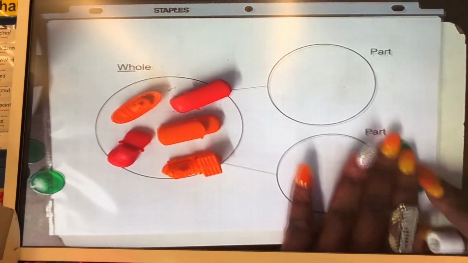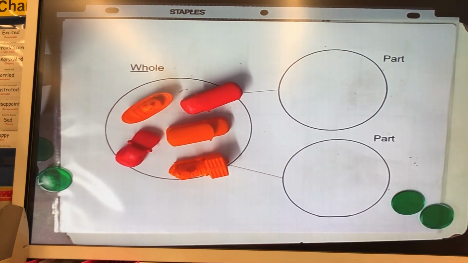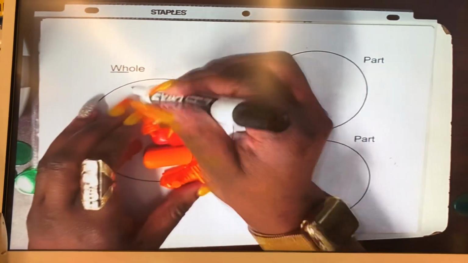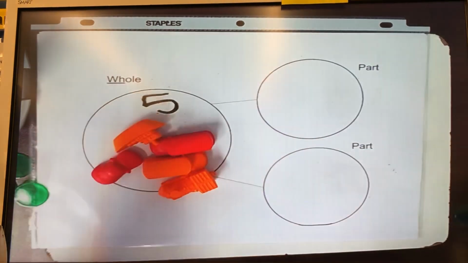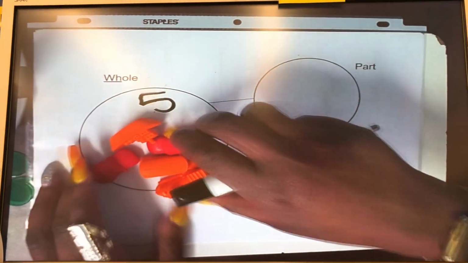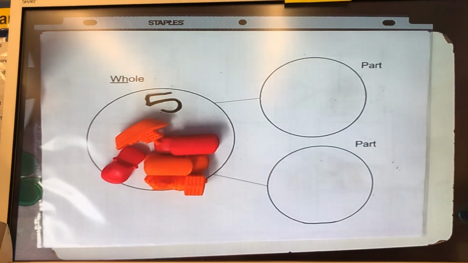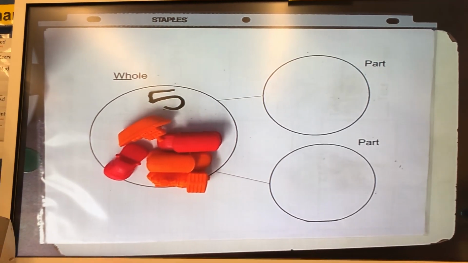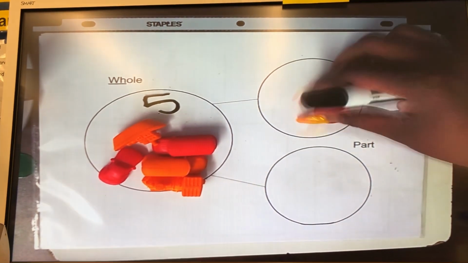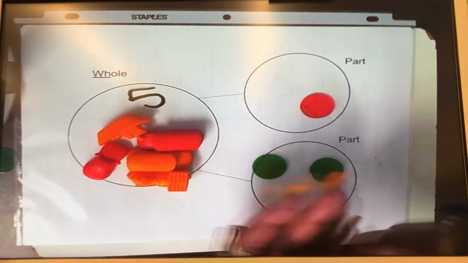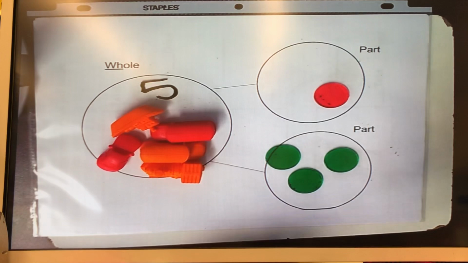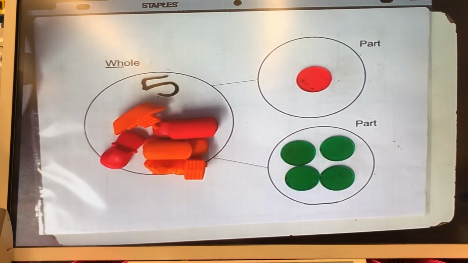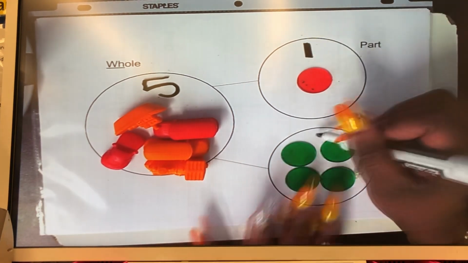Okay, so now let's see. Did you write a 5 in your whole? Did you write a 5 there because there are 5 different cars? Cool. But here's the thing about 5. There are different ways that I can make 5, right? Maybe you did it like this. Maybe you said 1 and 4.